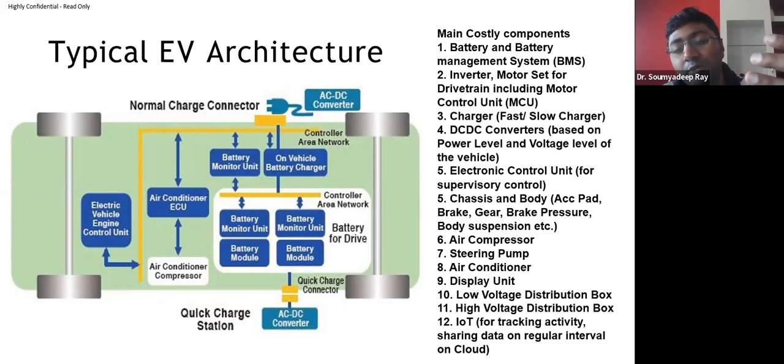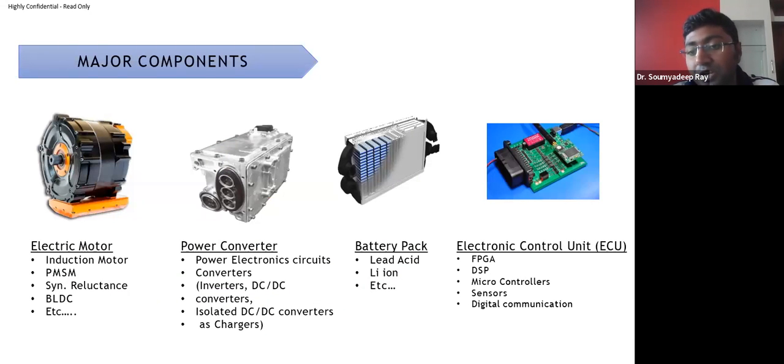With this CAN medium, I can talk to the vehicle charger, I can talk to the battery maker, and as a supervisory control unit I can talk to anybody I want. This is the typical architecture if you want to develop an electric vehicle. These are some of the major components I have already discussed, and here it is listed.